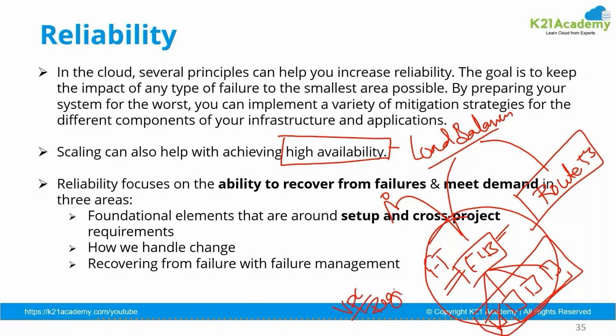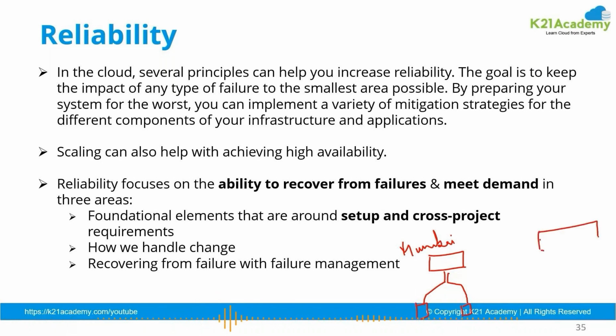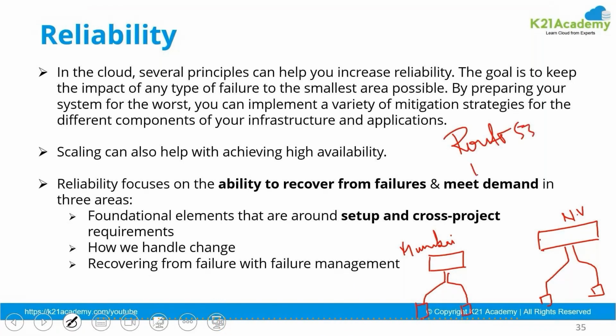Whereas with Route 53, I can do load balancing on a cross-region basis. That means if I have a load balancer with two EC2 instances deployed behind it in the Mumbai region, and another load balancer in the North Virginia region, again with two EC2 instances behind it, with the Route 53 weighted routing policy I can assign 50% weight to the Mumbai LB and 50% weight to the NV ELB.